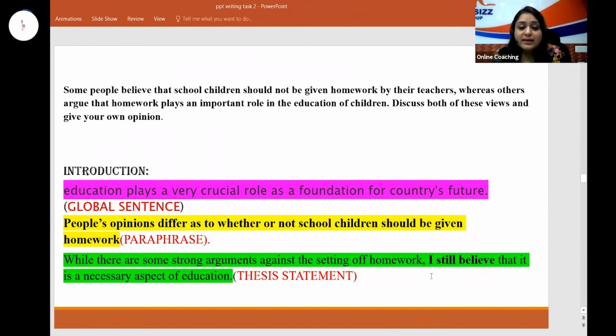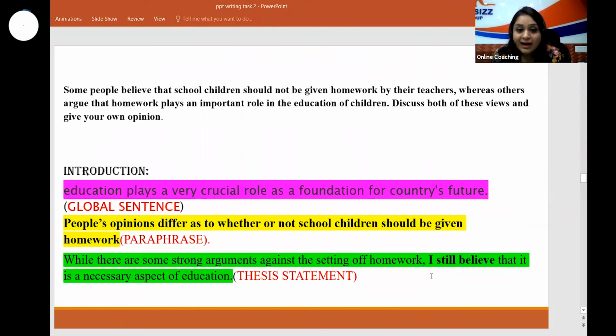After the global sentence, I have to paraphrase my topic. See how I have paraphrased it? People's opinions differ, because some people are saying this, some people are saying that. So I have made an amalgamation of that and written: people's opinions differ as to whether or not school children should be given homework. In one line, I have paraphrased the 2-3 line topic, and I have also included whether or.